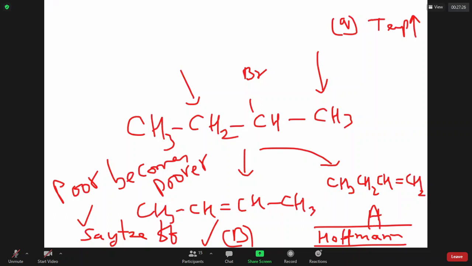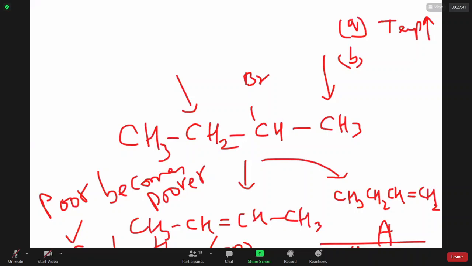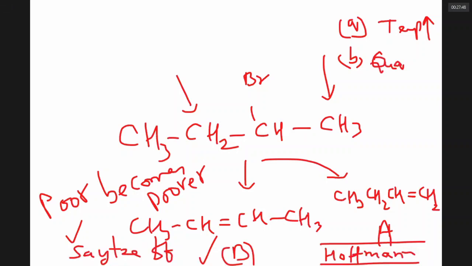If you want only a Hofmann product, keep the temperature high. When the temperature is high, the terminal hydrogen goes. Second, if you want only a Hofmann product, you should heat quaternary ammonium salts.